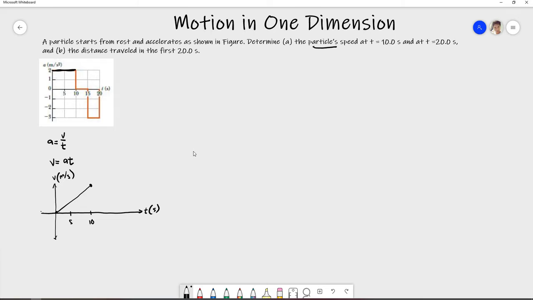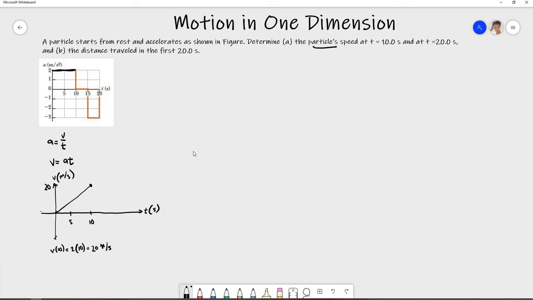The velocity after 10 seconds is equal to the acceleration, which is 2, times the time t. Therefore, this one is 20 meters per second. Therefore, the level here is 20.